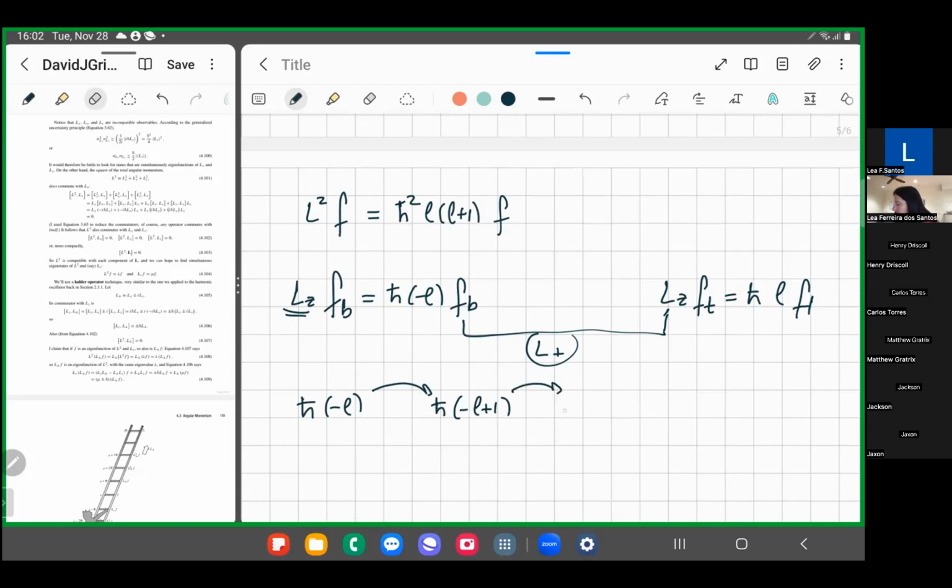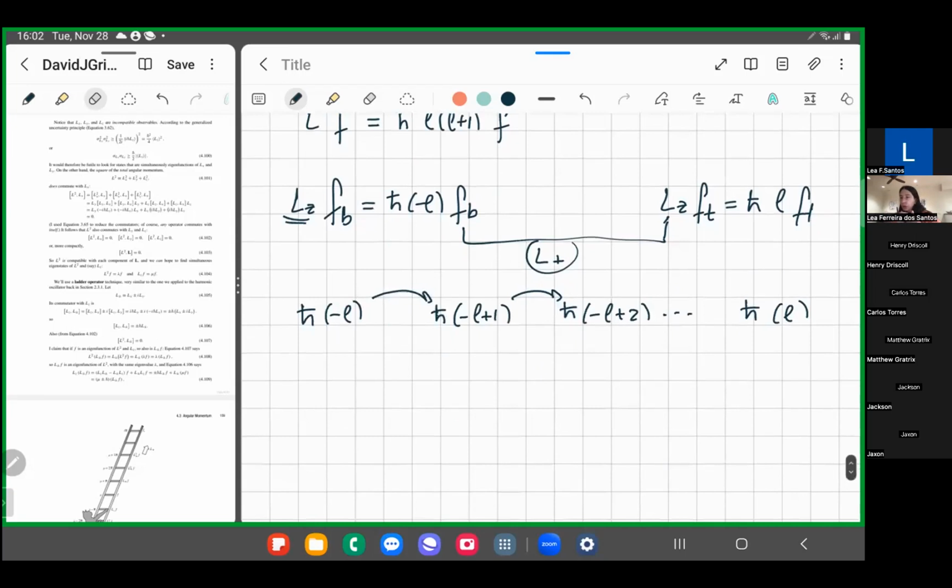If I apply again, ħ times minus L plus 2, and we go on with this process until we reach ħ L. We've seen this before when we were talking about the solutions of the spherical harmonics. This minus L plus 1, minus L plus 2, all the way to L is what we call m.